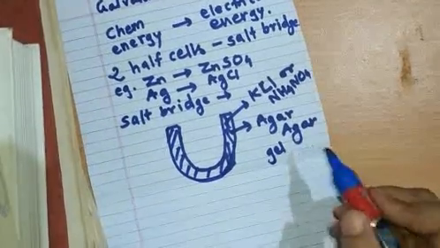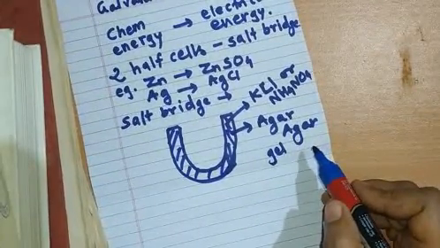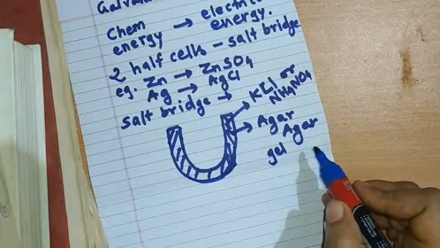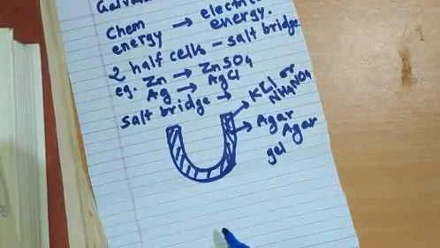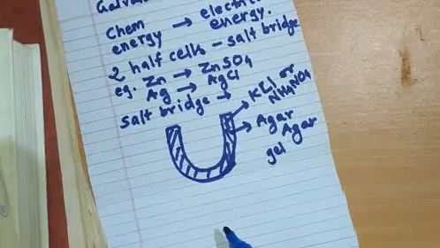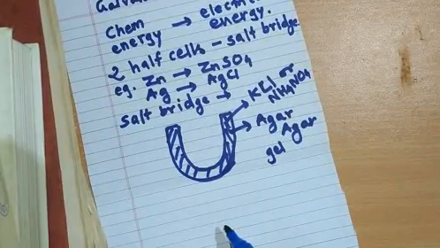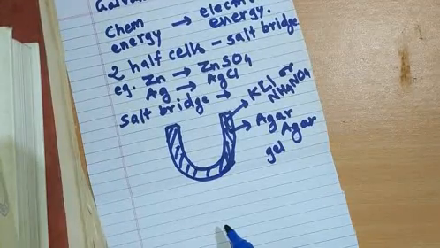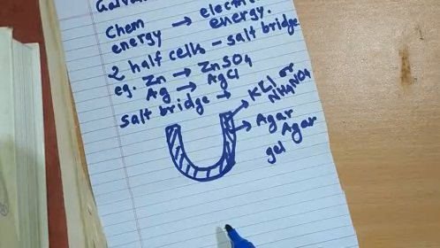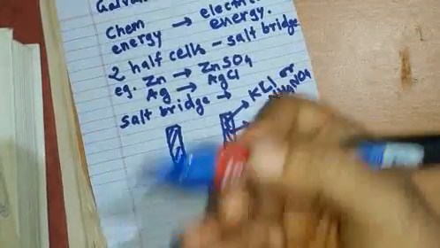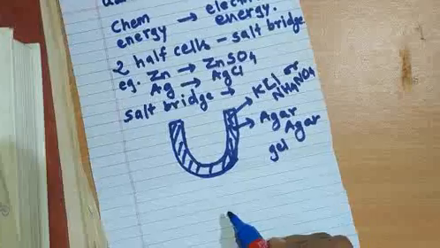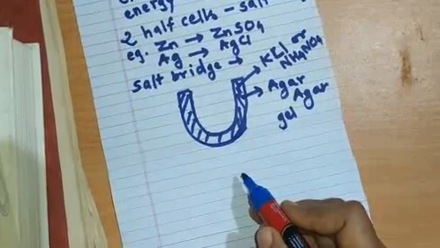This agar-agar gel is at first prepared in hot condition in a solution form and filled in a U-tube and allowed to cool. When it gets cooled and we fill KCl and NH4NO3 solution in it, when this U-tube is inverted, it does not drop the solution.